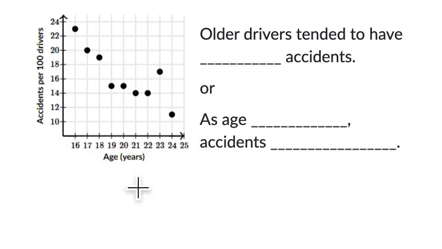For this scatter plot, let's describe the overall direction of the relationship between driver age and accidents. Notice that as we go from left to right in this scatter plot, the age is increasing, but the number of accidents is decreasing. So older drivers tended to have fewer accidents.